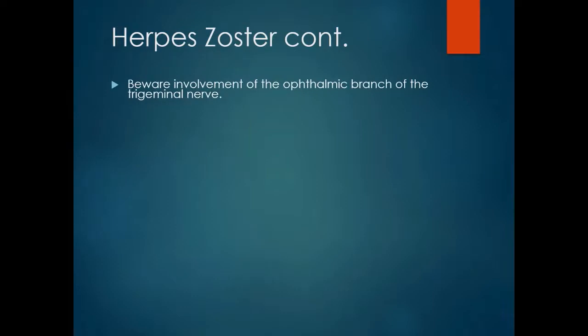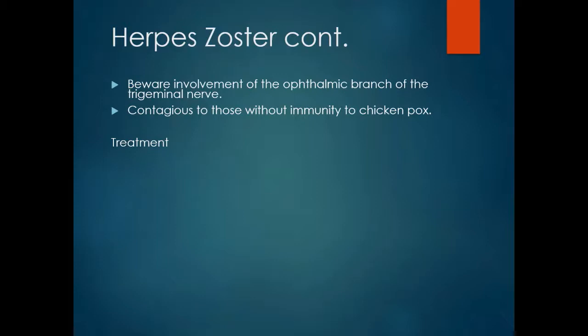So, as we saw on the previous picture, beware of involvement of the ophthalmic branch of the trigeminal nerve, and it is contagious to those who have not been exposed or have not got an immunity to chickenpox. So basically, if someone has an outbreak of shingles, they need to be asked to keep away from anyone who may be immunosuppressed or at greater chance of developing a complication from an infection from this.